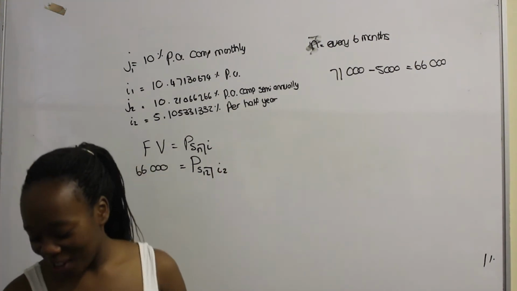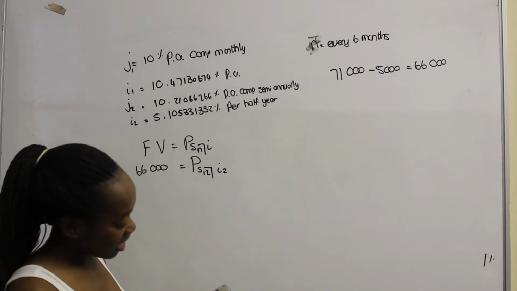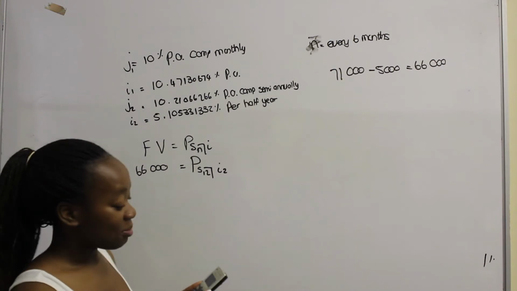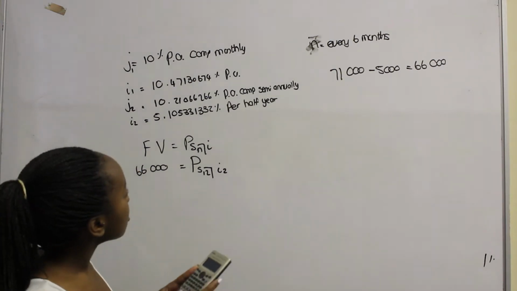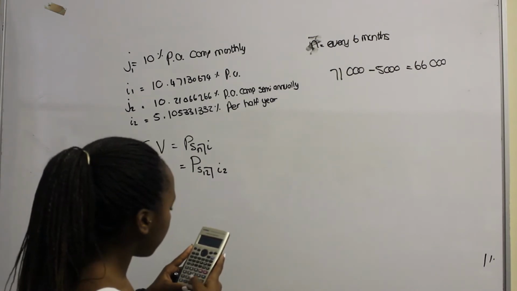To find the payments, go to your calculator, compound, and N is equal to 12. Our interest is 5.10533132.